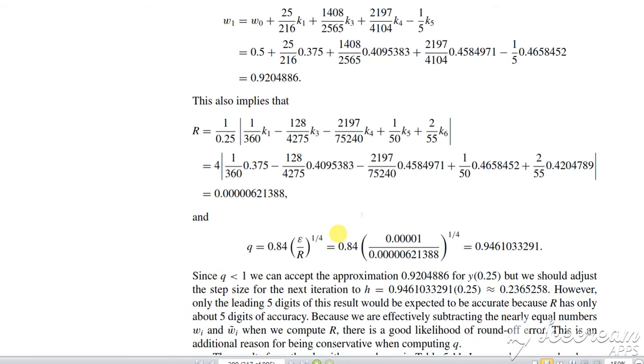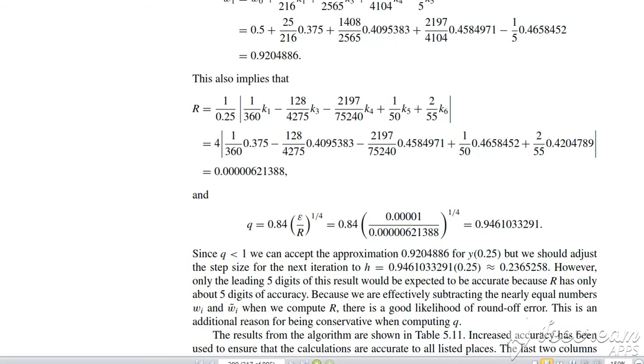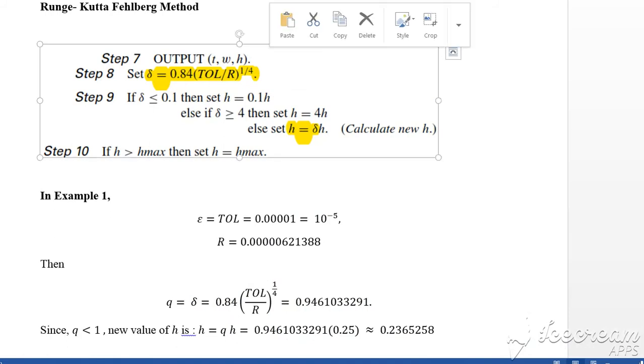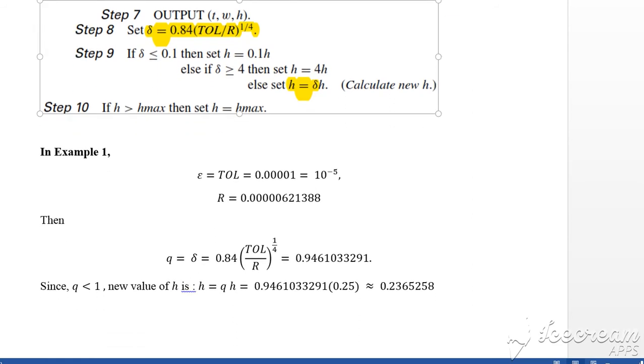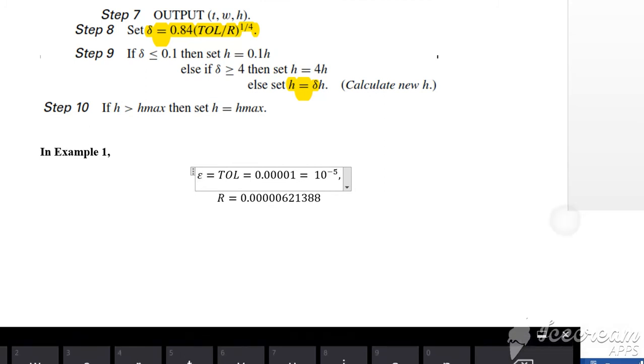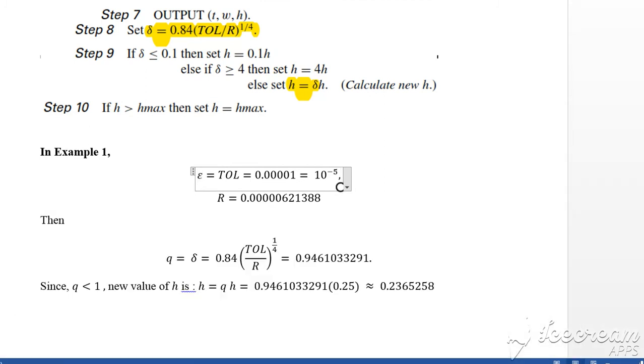With these computations of the ks and R, we can approximate delta of the algorithm, which is represented by q over here. That is, delta was equal to 0.84 times the fourth root of tolerance divided by R. Over here, tolerance is equal to epsilon, which is equal to 10 raised to the power minus 5.